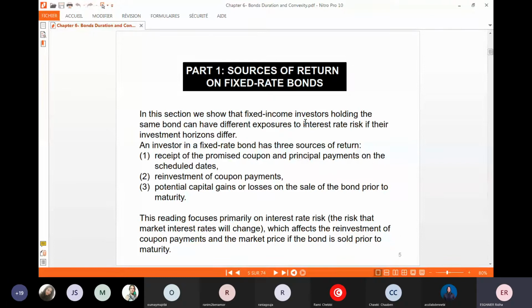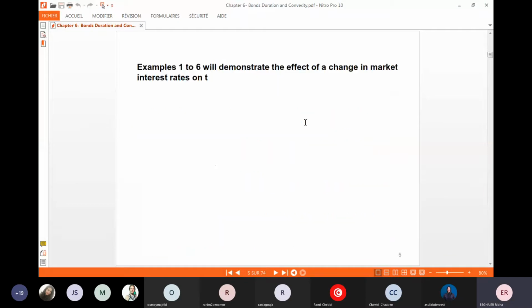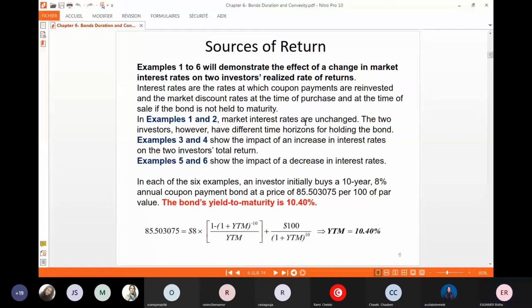To understand these sources of return, we will see 6 examples that demonstrate the effect of a change in market interest rates on 2 investors. What is the difference between these 2 investors?